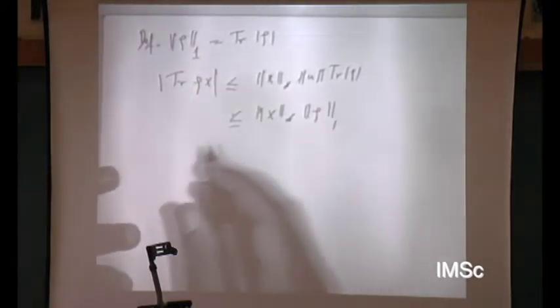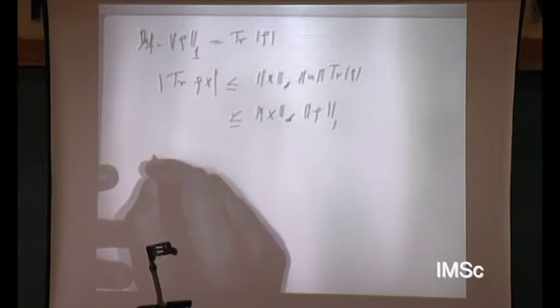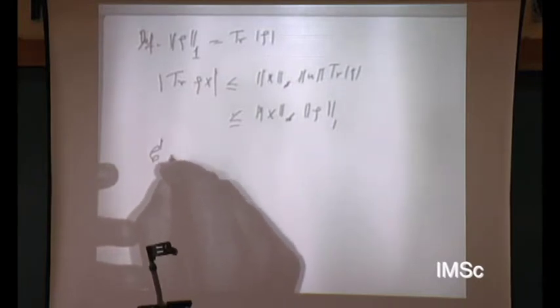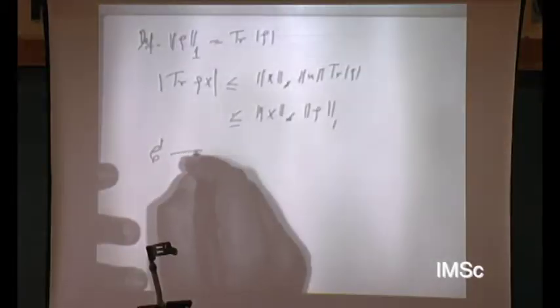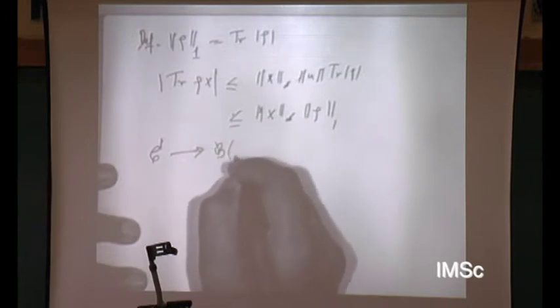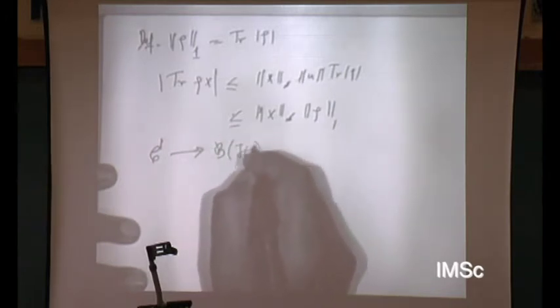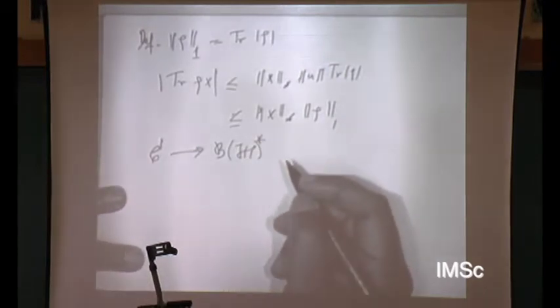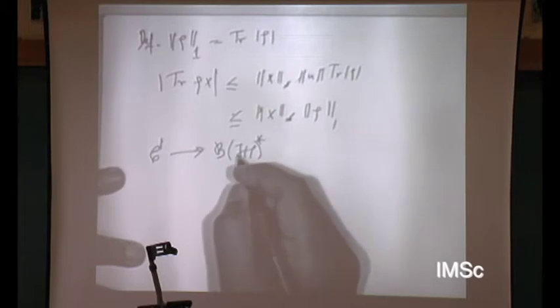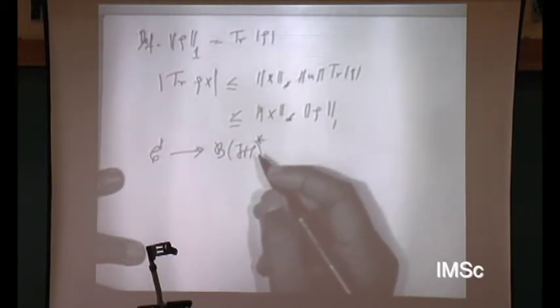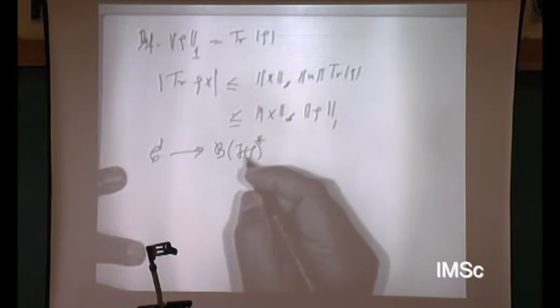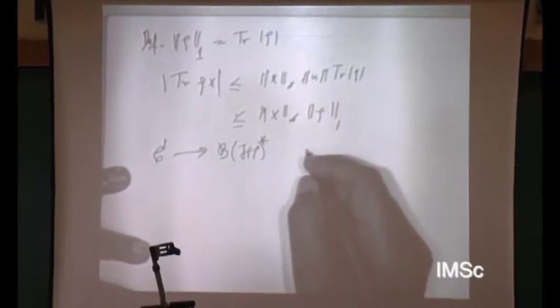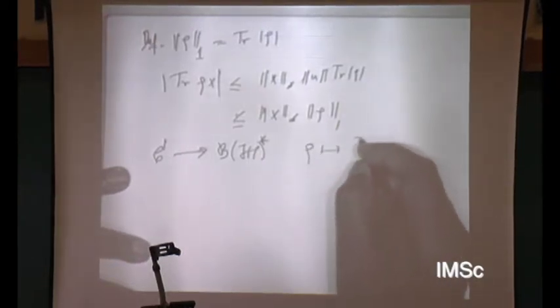But what I've shown is that I have a mapping from C1 to B(H) upper star by rho going to exactly trace of rho dot.